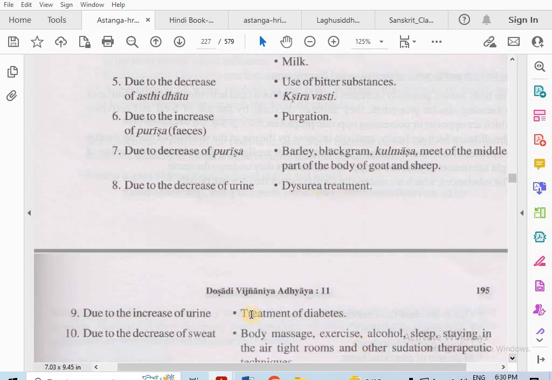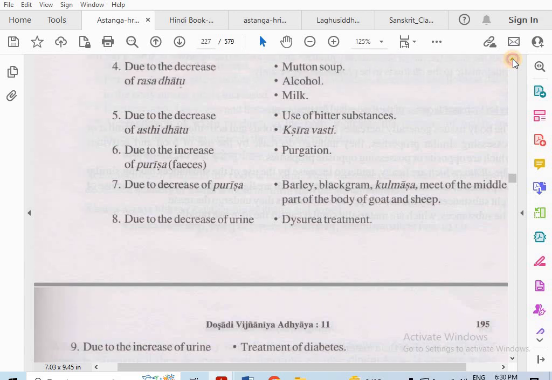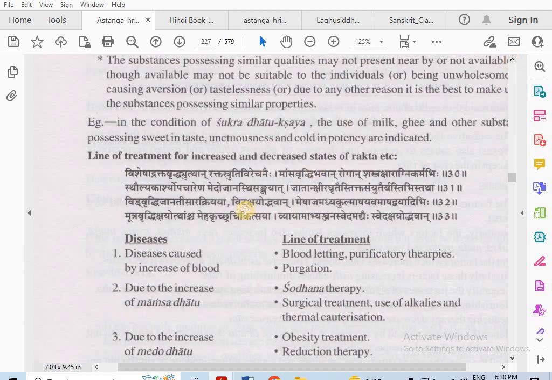And here, due to increase of urine, the treatment of diabetes. Whatever treatment is to be done in diabetes, the same treatment is to be done here, that is called meha chikitsa. Chikitsaya is in the trutiya ekvachan, by treatment, by treatment of diabetes and by treatment of dysuria.